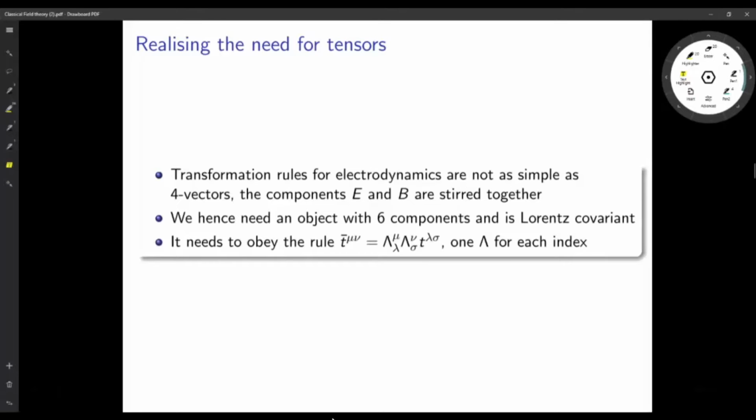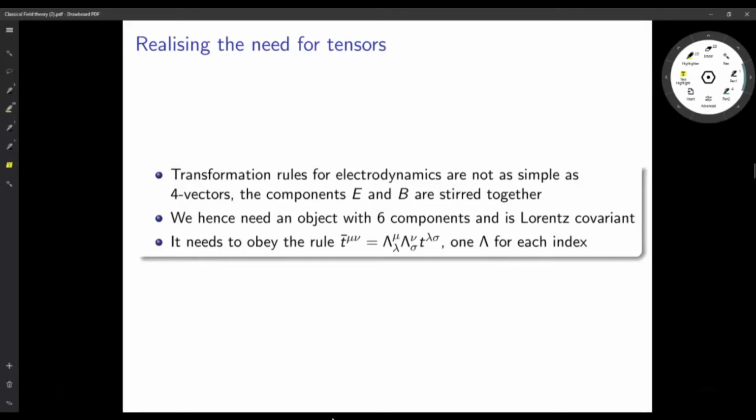So if we go back to the previous slide, we can see that with four vectors, it's not as simple as just applying the Lorentz transformation to your E or B and then getting another four vector as your output. What happens here is your components of E and B are stirred together. They come in one equation or they interchange with each other.